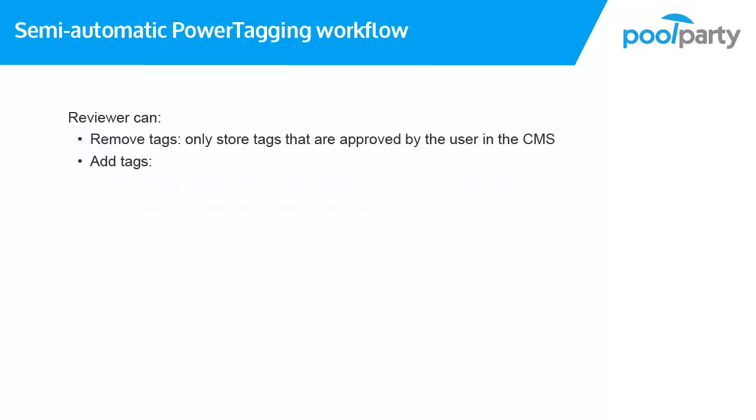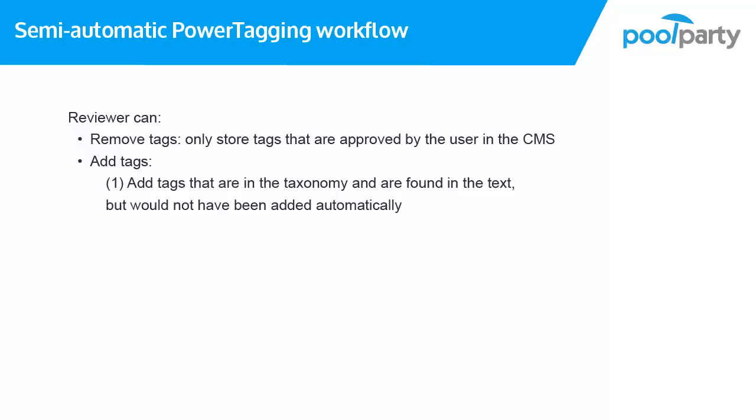For the second point, adding tags, there are 4 options how the reviewer could add tags. As a first option, the reviewer could add tags that are in the taxonomy and that were found in the text, but that would not have been added as tags to the document automatically.